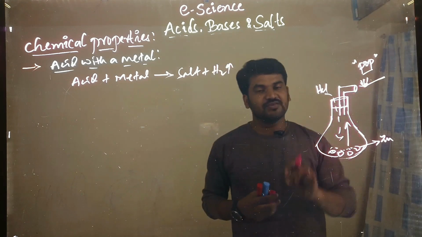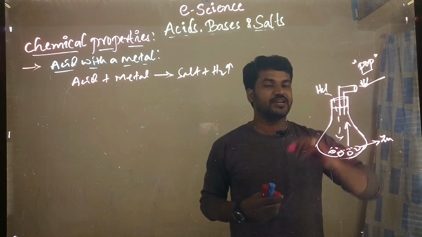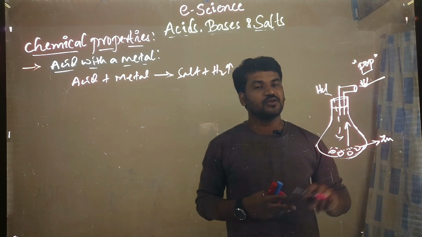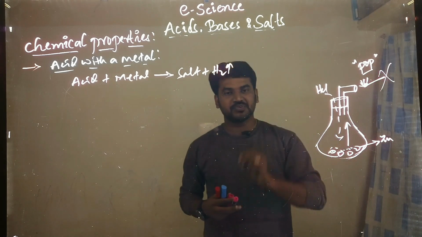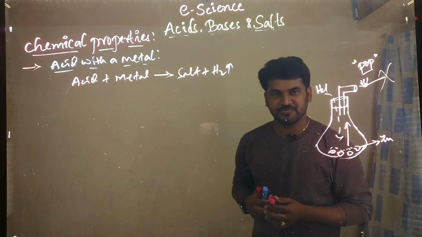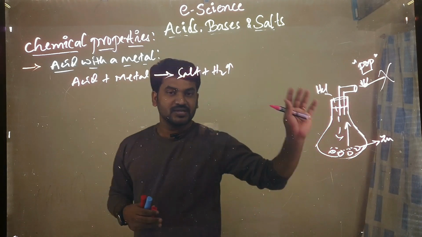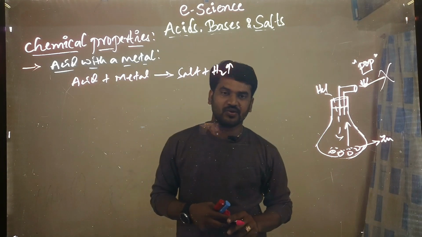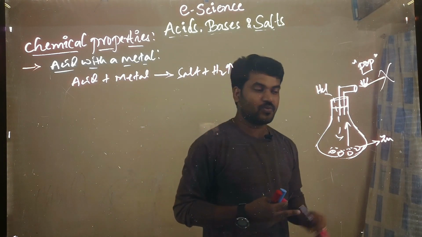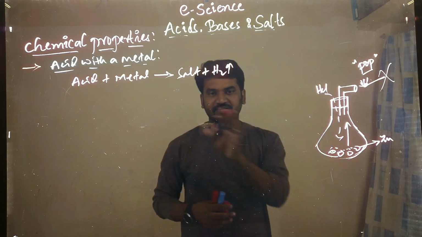At the mouth of the delivery tube, if you take a burning matchstick, it will go off by making a pop sound. Pop sound means a sound like tup. So that indicates that some gas is evolving over there. Which gas is that? What reaction is happening? We will write that here.